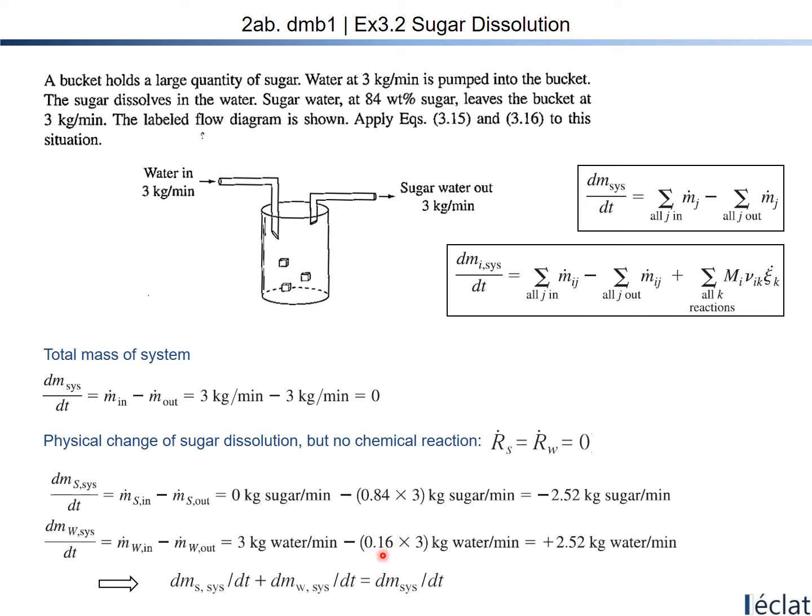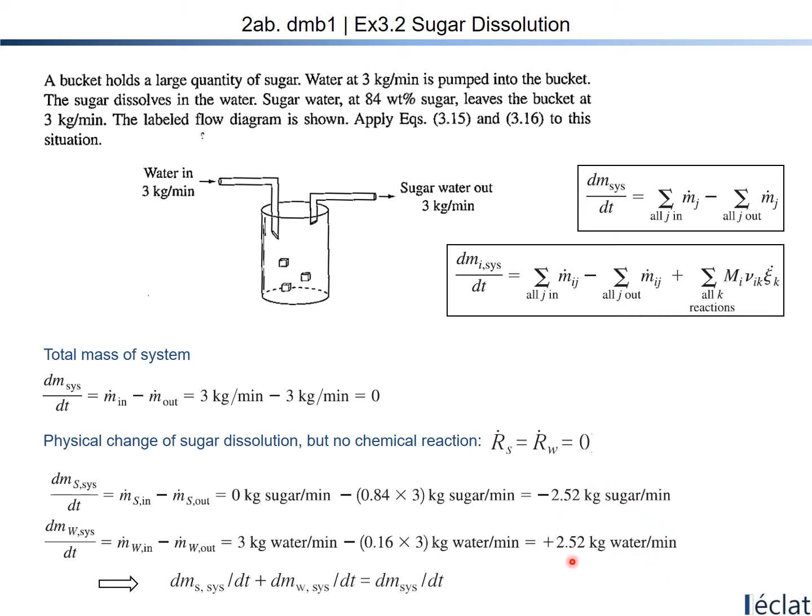So 0.16 times 3 for the output term. Then the resultant value is plus 2.52 kilogram water per minute. It means the amount of water inside of the system is increasing by 2.52 kilograms every minute.